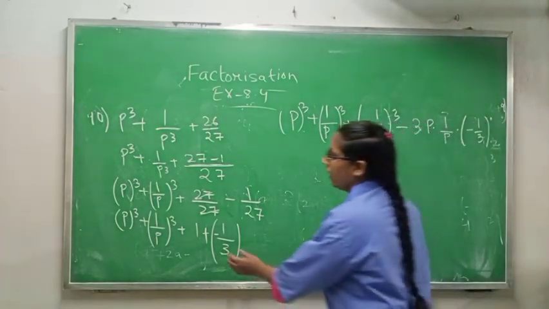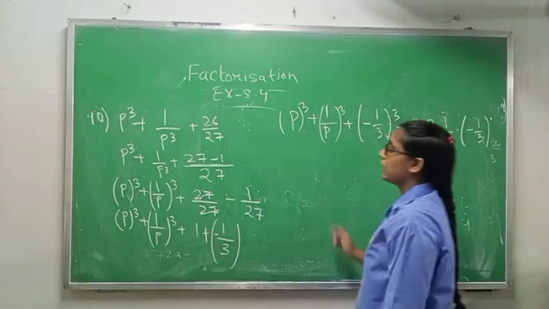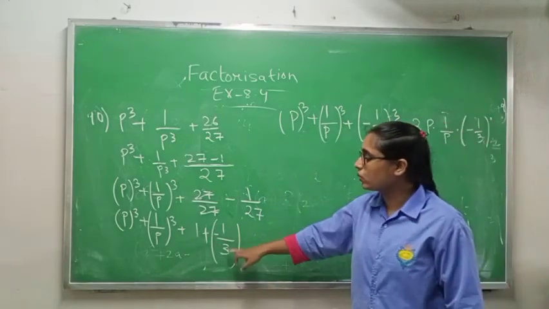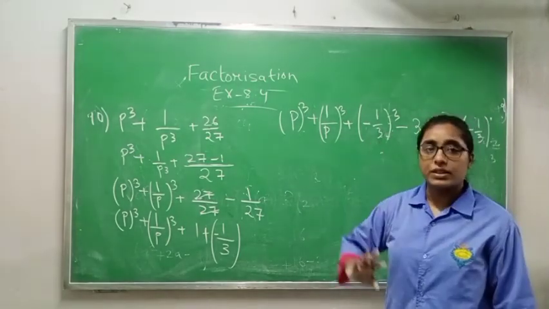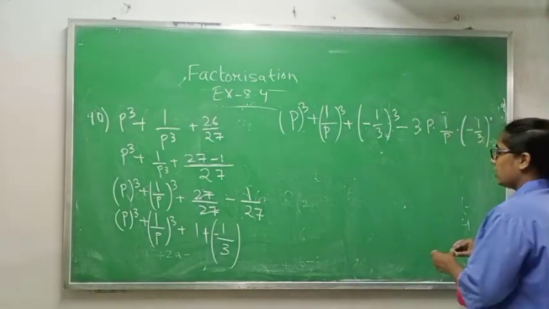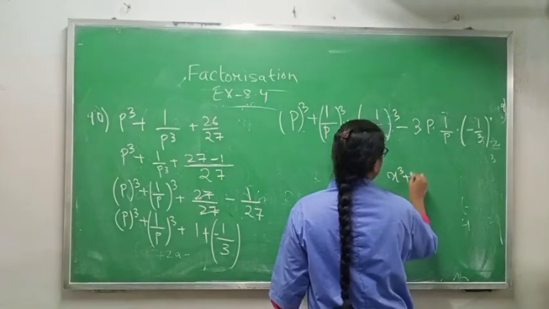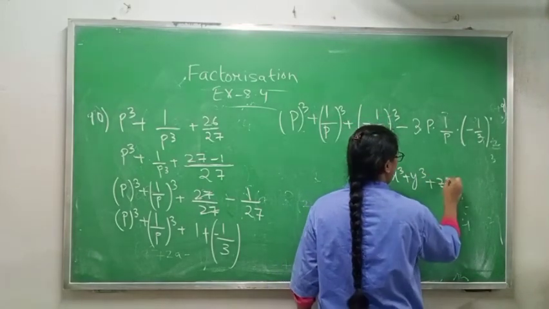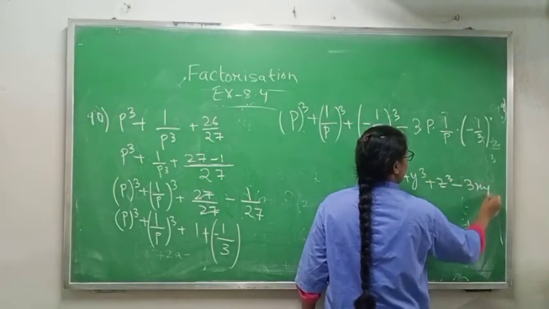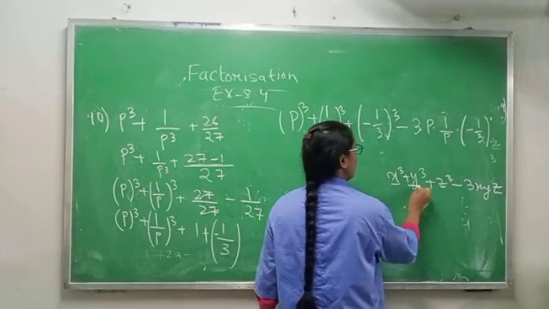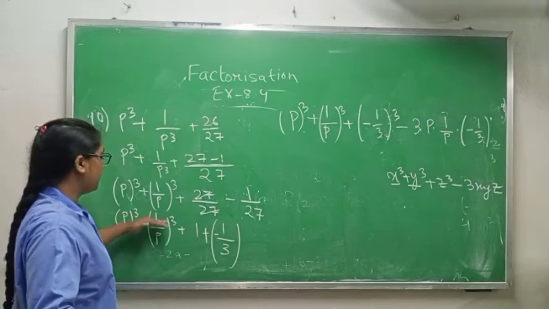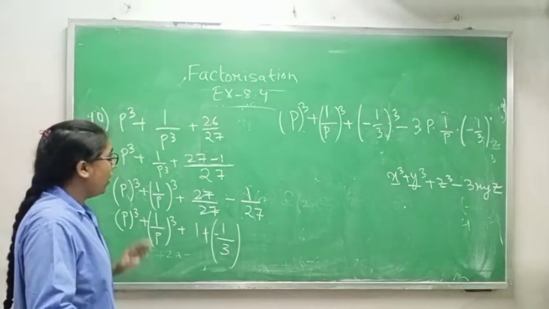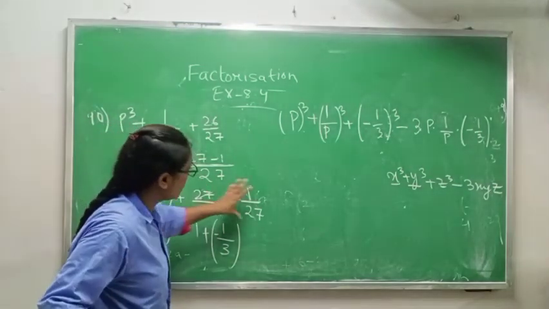Again I am repeating why I am not taking 1 cube to make it into the formula and why I am taking minus 1 by 3 to make it z. I am taking z as minus 1 by 3 because in the formula you know that x cube plus y cube plus z cube minus 3xyz. Okay. It is confirmed that p cube and 1 by p cube will be x cube and y cube, but which one will we take for z, this one or this one?